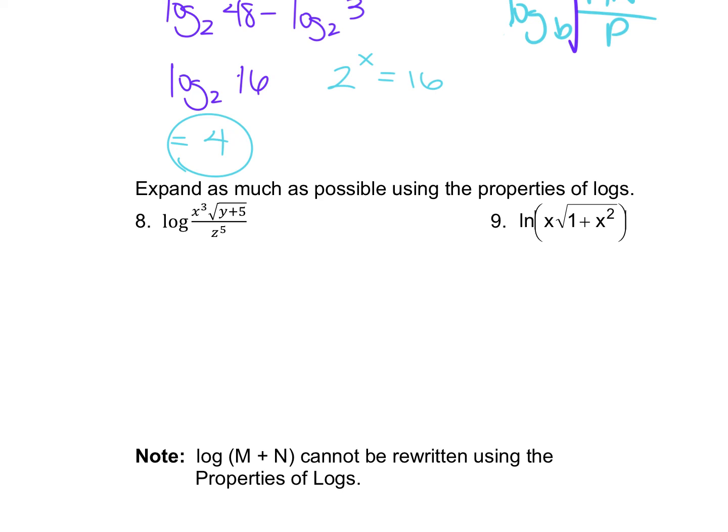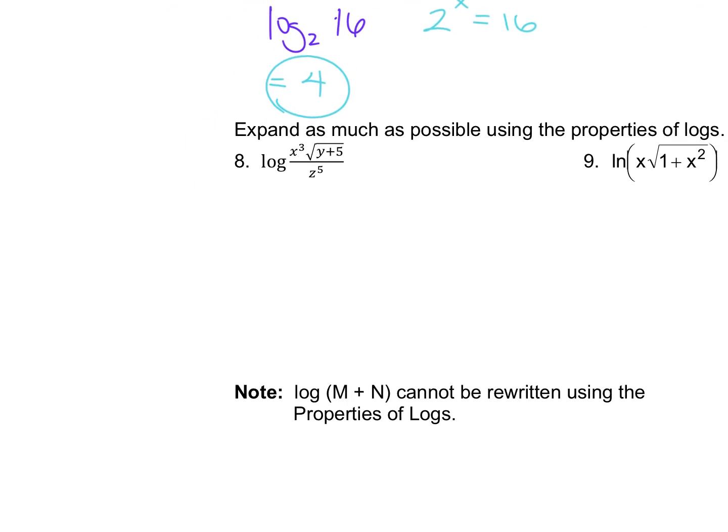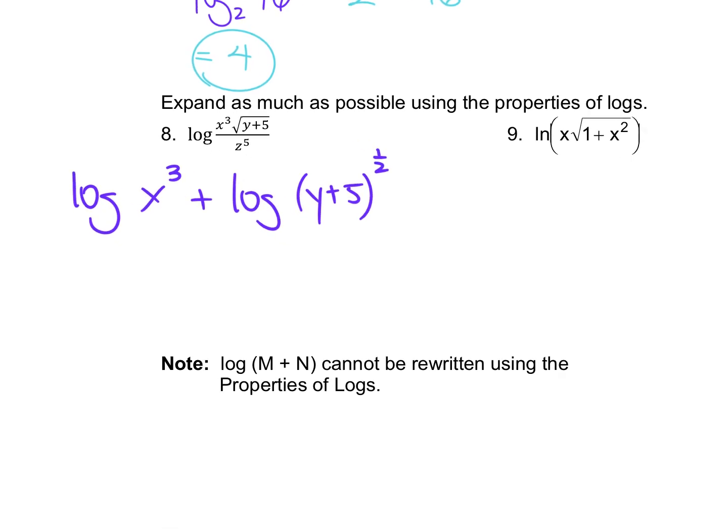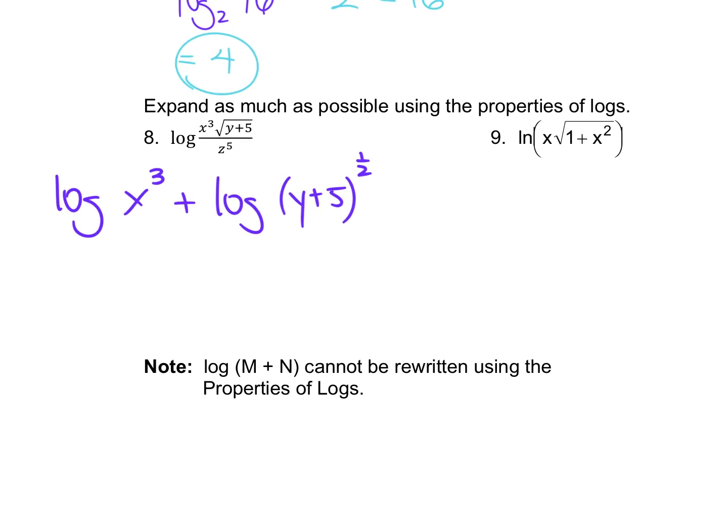So I'm going to separate this all at once and say, okay, log of x cubed plus log of. Now, are we okay with me doing y plus 5 to the 1/2? Yeah? Exponent. And then, because that z to the 5th is on the bottom, I subtract log of z to the 5th. So I split it all up all at once.